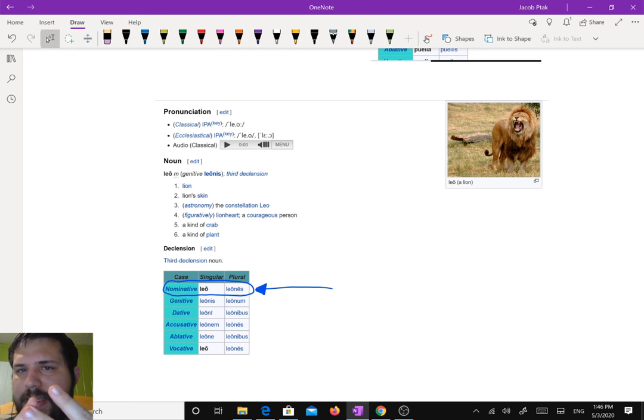Mater, matres. So like I said, this third pattern is a little bit harder to spot. And remember, don't get it confused with the other patterns, because this has the ES. Pater, patres. So the ES is good for this one, but the I isn't, and the AE isn't.